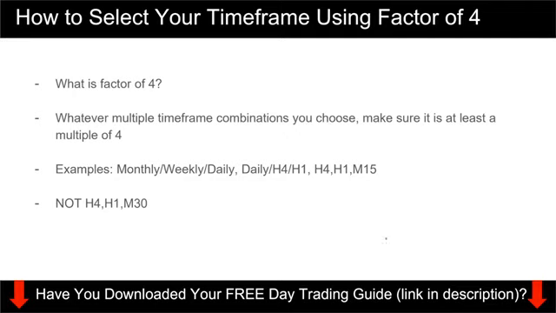So in the second combination over here, it's the same. Okay, this one over here, daily, H4, H1. In a day, there are 6 H4 candles because 6 times 4 is 24, and there are 24 hours in a day. So that part fits the multiple of 4.